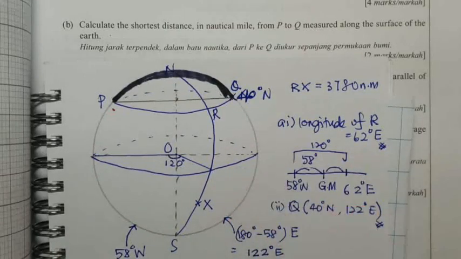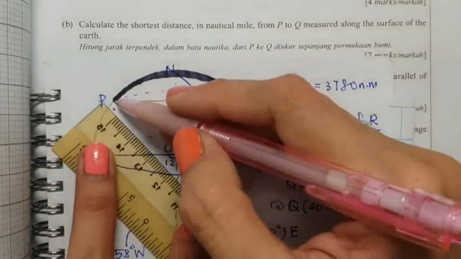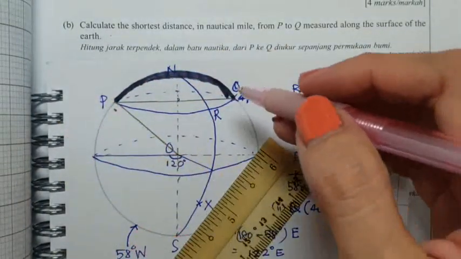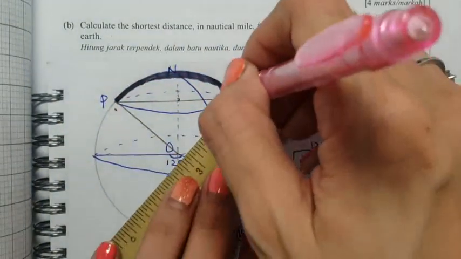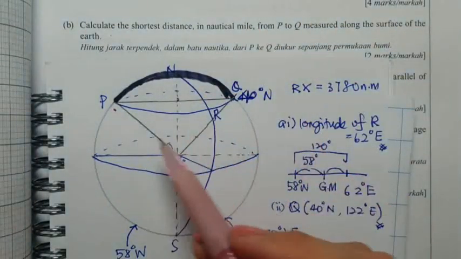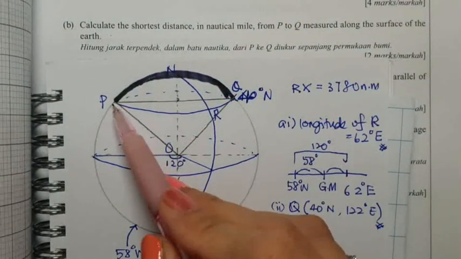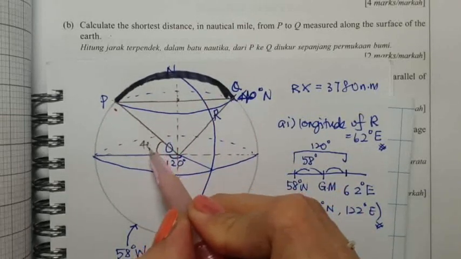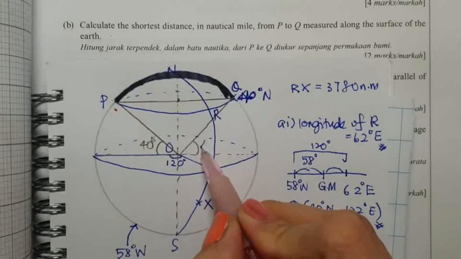So it's like calculating the arc length of the circle. So we find out what is the angle subtended by this arc. So we join to the center of the sphere, and you know that from here, this is 40 degree north. So it will be 40 here, and this side will be also 40.